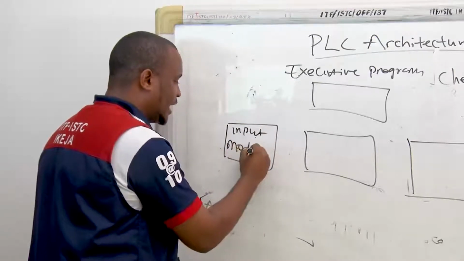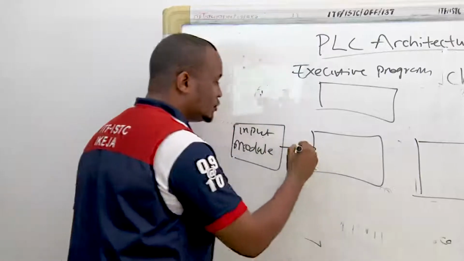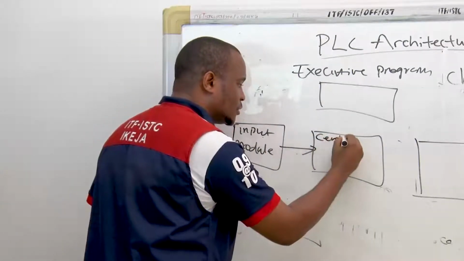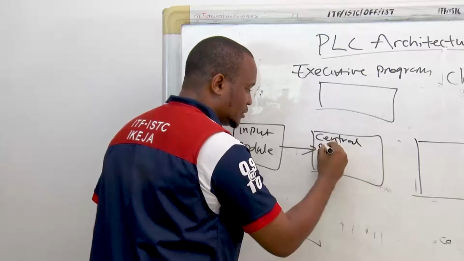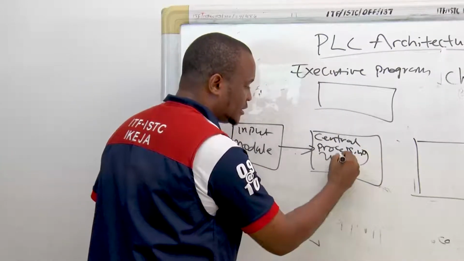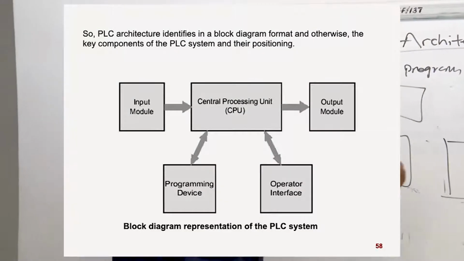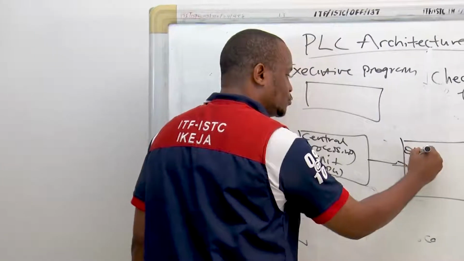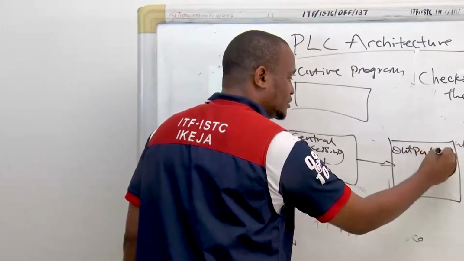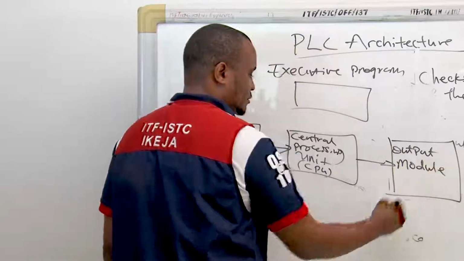All PLCs must have an input module. From the input module, it must be connected to what? To the central processing unit, that is the CPU. And the CPU, after processing, must have an output module. All PLCs have this. This is the architecture of the PLC, okay?